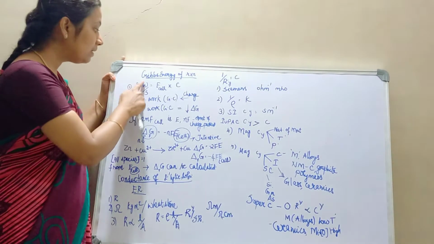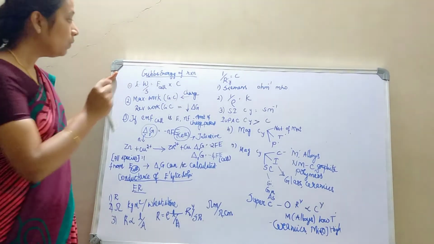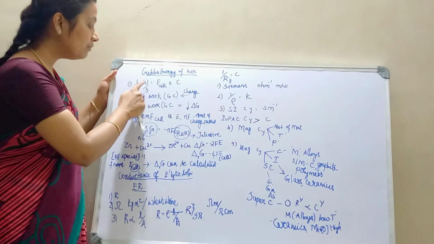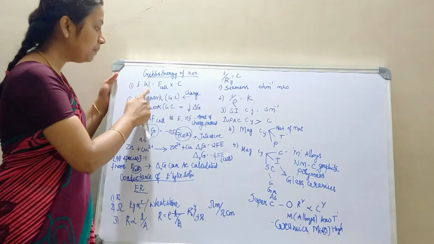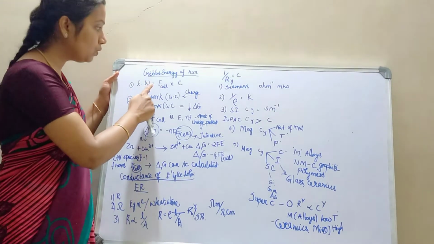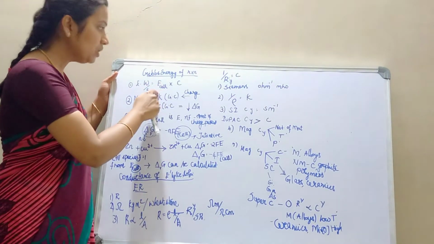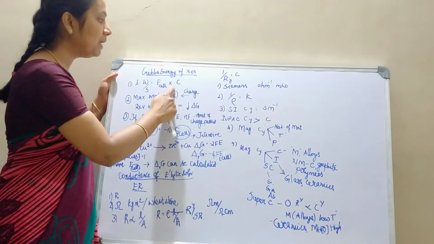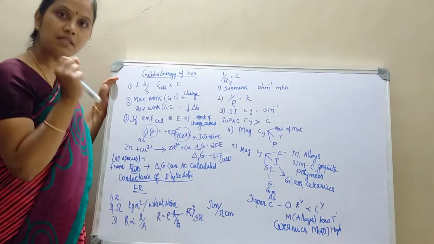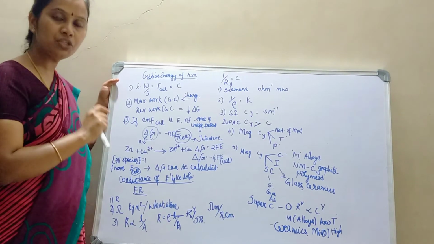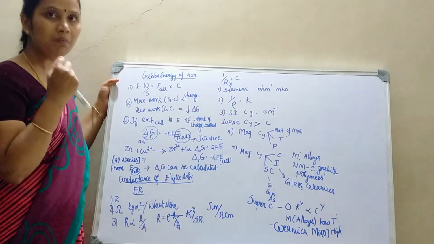What is electrical work done? What is electrical work done per second? Electrical work done per second is equal to cell potential or electrode potential multiplied by charge. We have already seen in the Nernst equation how electrode potential is related to the equilibrium constant.